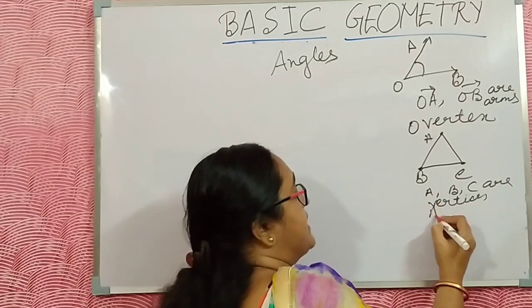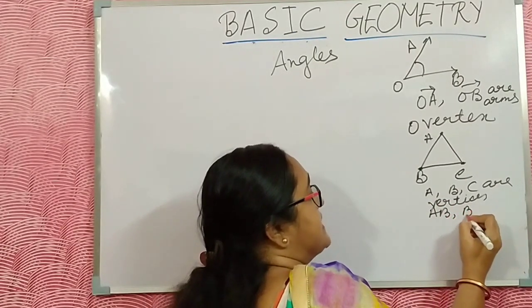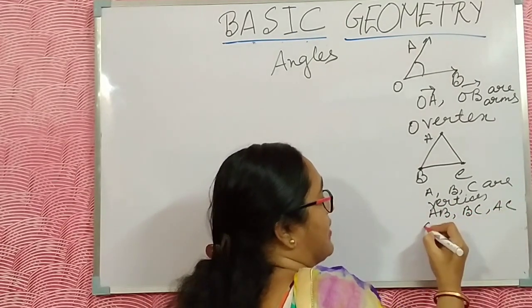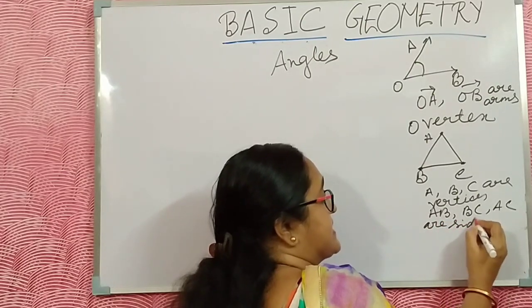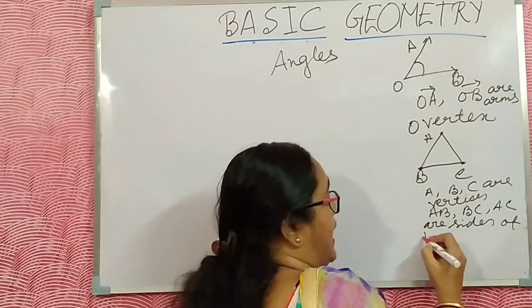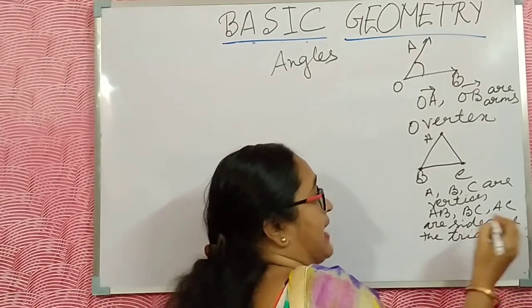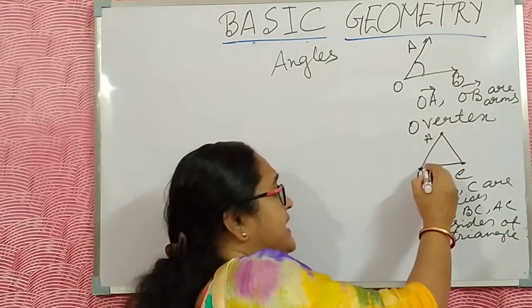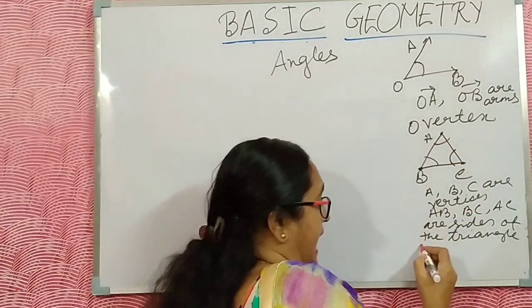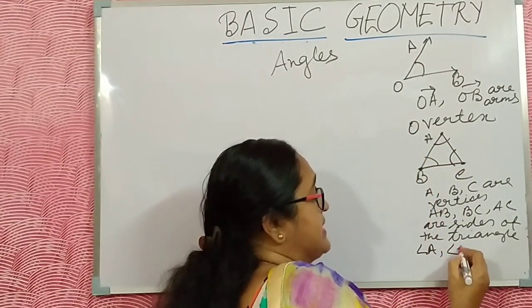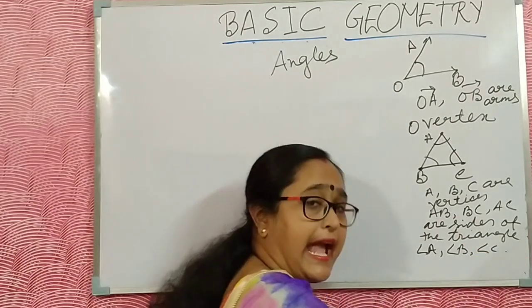And AB, BC and AC are called the sides of the triangle. And A, B, C are called angles.